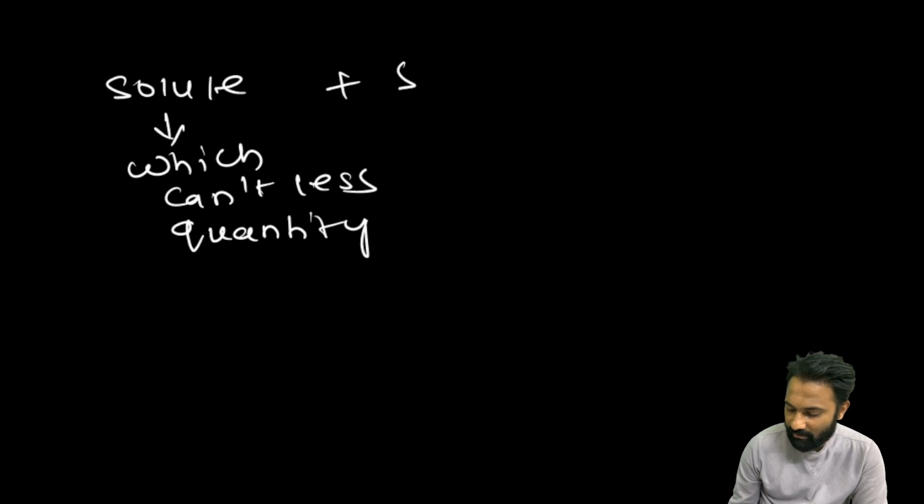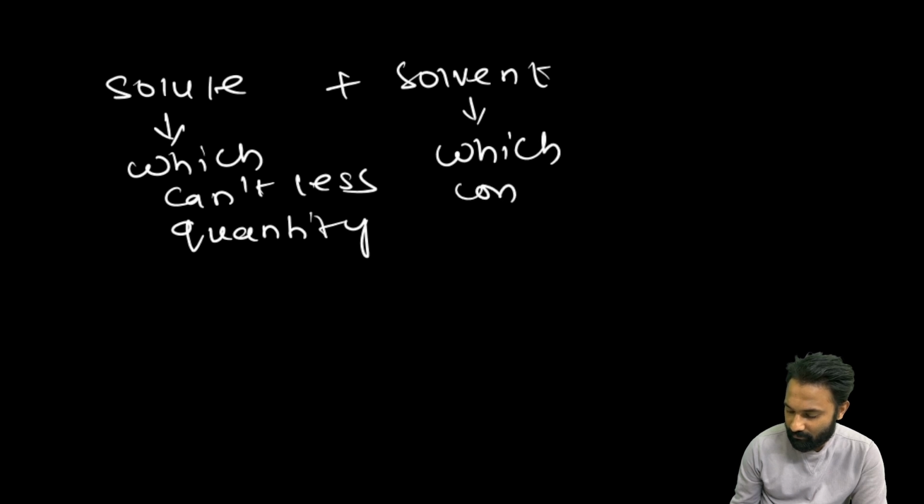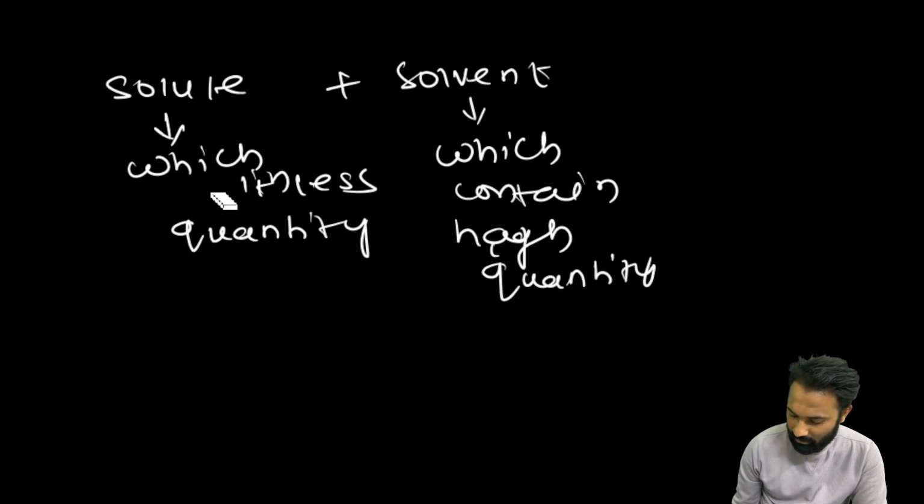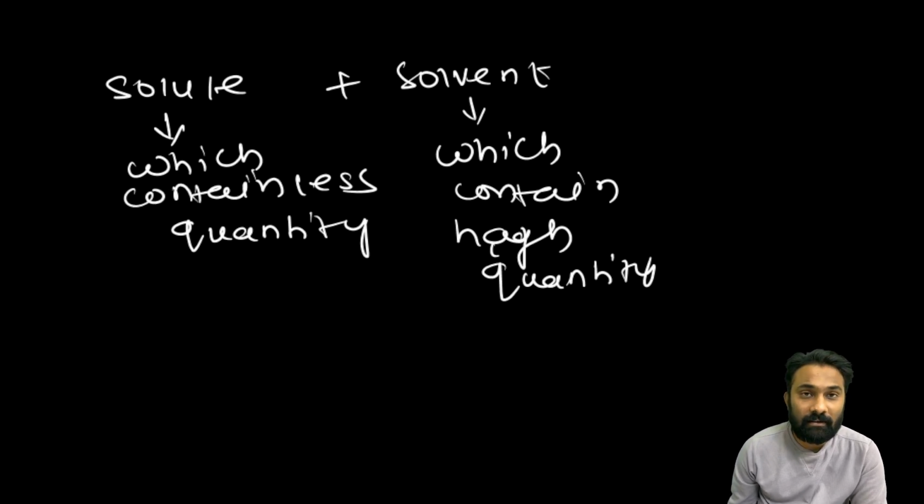Solvent is the one which contains high quantity. Clear? Okay. Here the solute is the one which contains less quantity. Clear? Done.